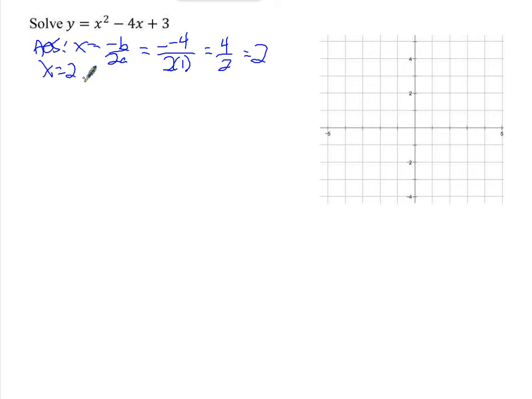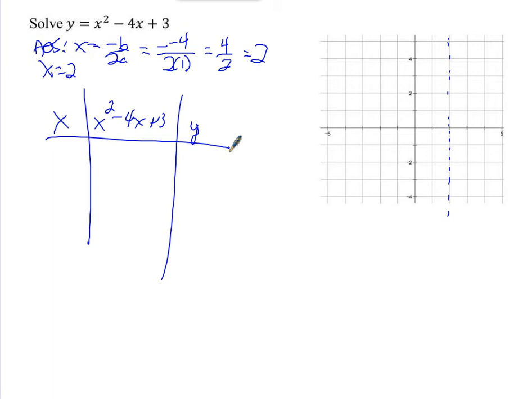Draw it in. So I go over to 2. Notice the scale this time. A little bit nicer scale than last time, so that's nice. Here's 2. Draw it in. Now what? Table, good. So I set up my table, x squared minus 4x plus 3, y.